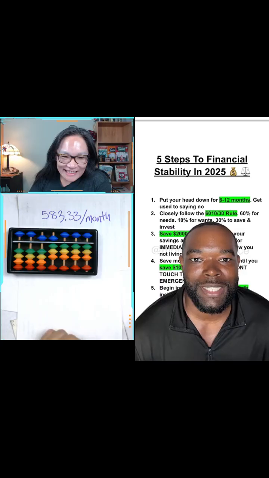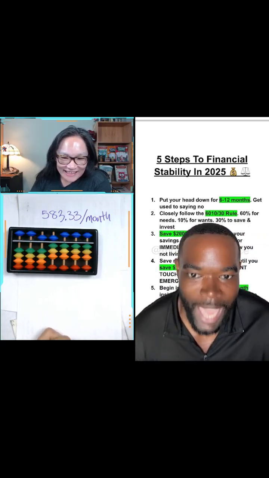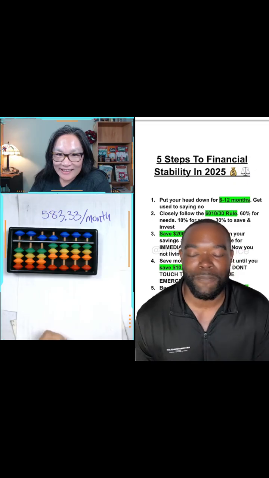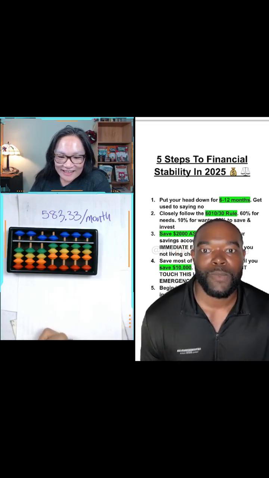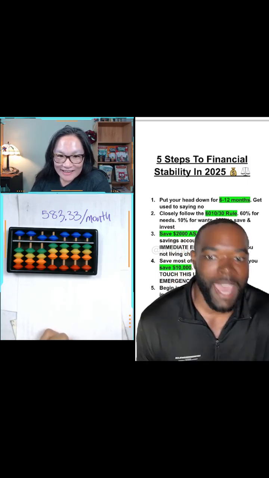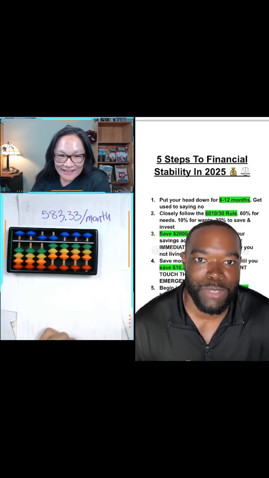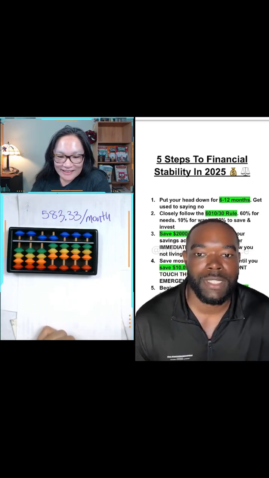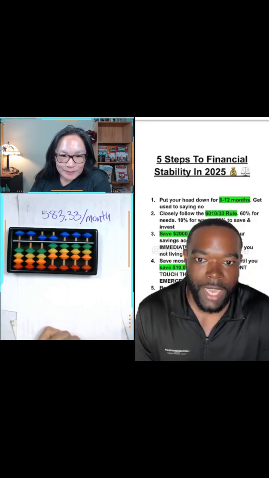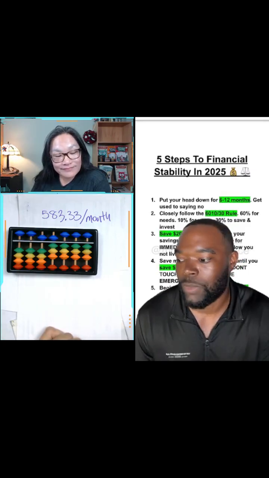We just mapped out these 5 steps to financial stability in 2025 using an Abacus, simplifying how we can get started on our financial journeys. Money is a difficult topic and math is involved with it, so we want to make it easy for you to understand your numbers so that you can take action and get started on your financial journey and math journey too.